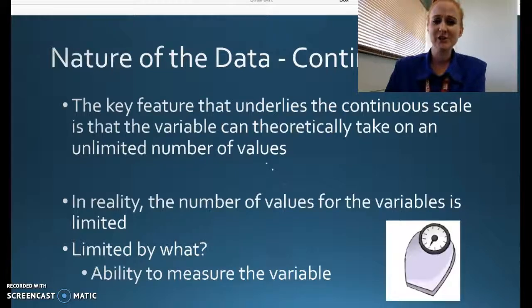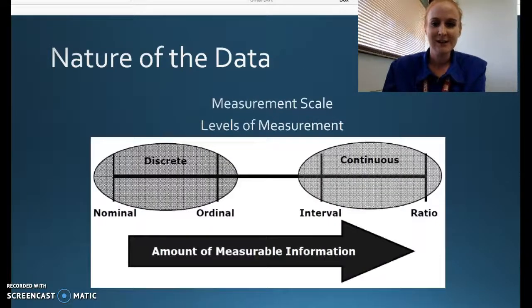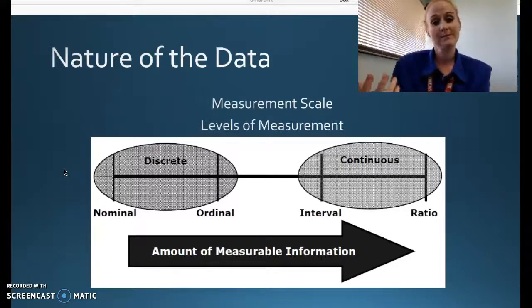The key feature that underlies continuous is it can theoretically take on any number of values. And in reality, we know the number of values is limited, but only limited by our ability to measure the variable. Most people don't want to do body weight in milligrams because that number is huge, and it might not be useful for what we're trying to accomplish in the analysis. So you might have picked this up, but discrete variables, the ones that have the set number of choices, are nominal and ordinal.